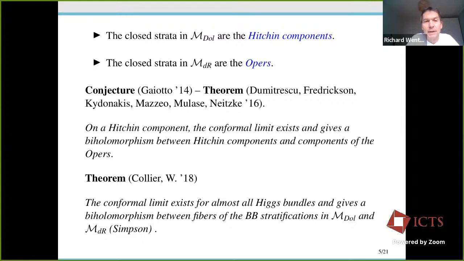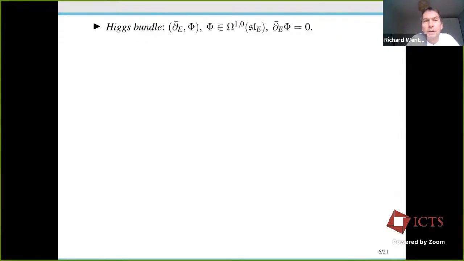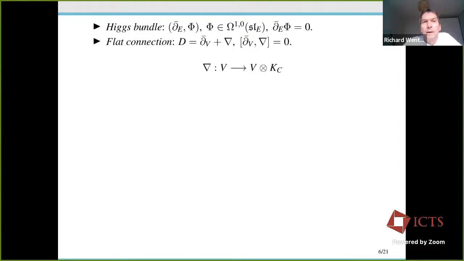Okay, so let me review then a little bit about Higgs bundles. I think everybody really knows this stuff, but let me just do it anyway. So a Higgs bundle is a pair of a holomorphic vector bundle and a holomorphic endomorphism valued one form. On the other hand, a flat connection I'll write as this, namely a holomorphic bundle.